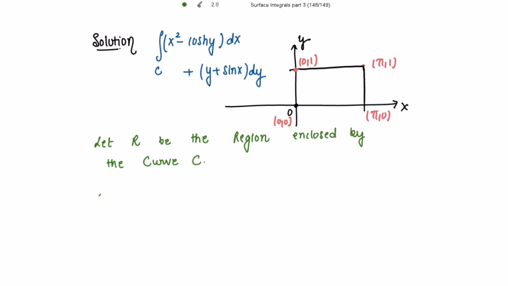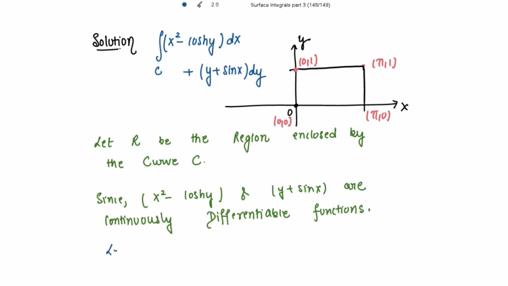Now since x square minus cosh y and y plus sin x are continuously differentiable functions, to apply Green's theorem let's take P equal to x square minus cosh y and Q equal to y plus sin x, because P is the term with dx.